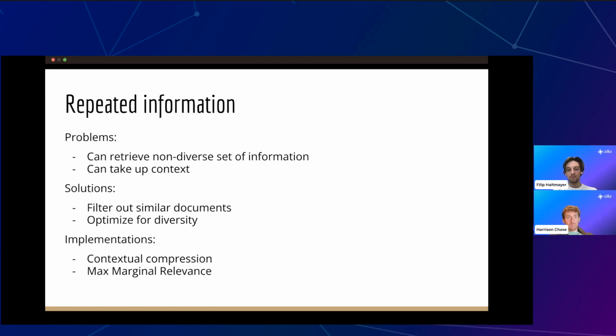Some of the things that we've seen and implemented in LangChain here. One's the idea of filtering out similar documents. You do a big retrieval step. By default in LangChain, you do a retrieval and fetch back 4 or 5 documents, and then you pass those into the prompt.